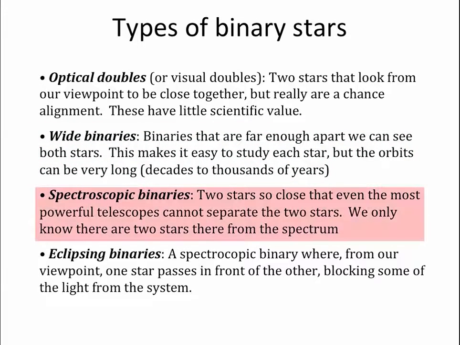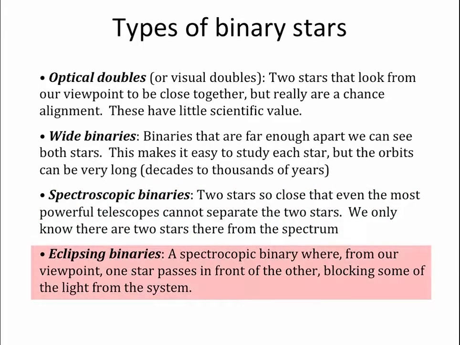A third type of binary star is a spectroscopic binary star. These are binaries where the two stars are so close together that even the most powerful telescopes, even the Hubble telescope or telescopes with adaptive optics, cannot see two stars. They blend together into a single point of light. And we only know there are two stars there from the spectrum. We'll see in a couple slides how this works.